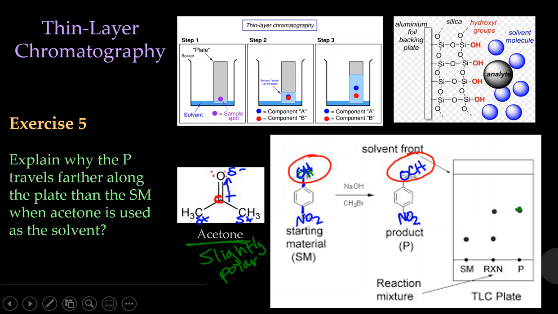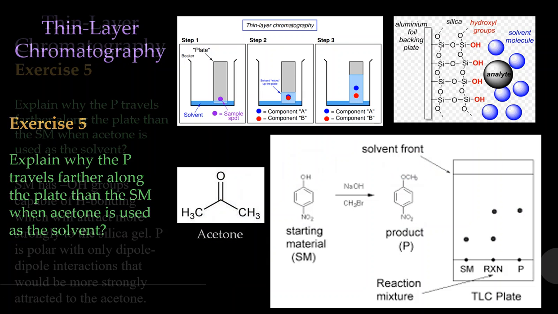Whereas the starting material has that OH group, which is more polar, so it's not going to travel as far and will also probably be more attracted to the silica gel, the stationary phase, than the solvent. So as you can see, it doesn't travel as far. So you do have some different features here in explaining these.